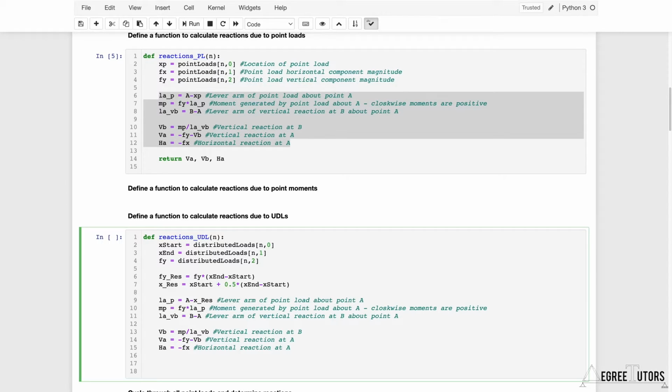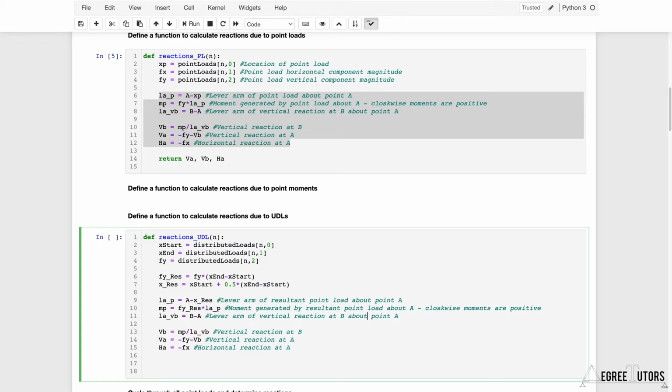So that's the lever arm of, let's just say, resultant point load about point A. Now MP is going to be Fy res this time, okay, times LAP, and that's the moment generated by resultant point load about A.